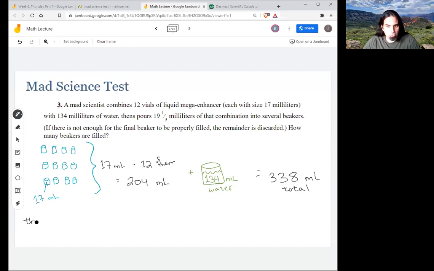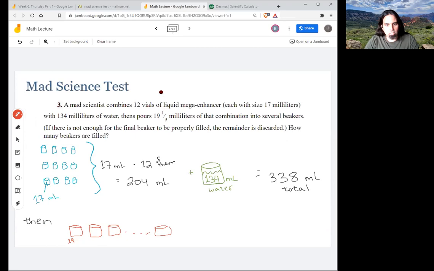Then he sets out a new kind of beaker that's 19 1/5. So there's one of them, there's another, I'm not sure how many there are, right? And each one is 19 1/5. I don't really want to have a fraction there.